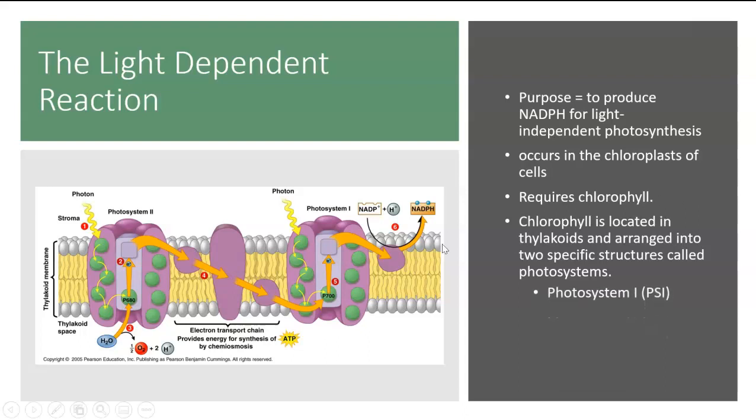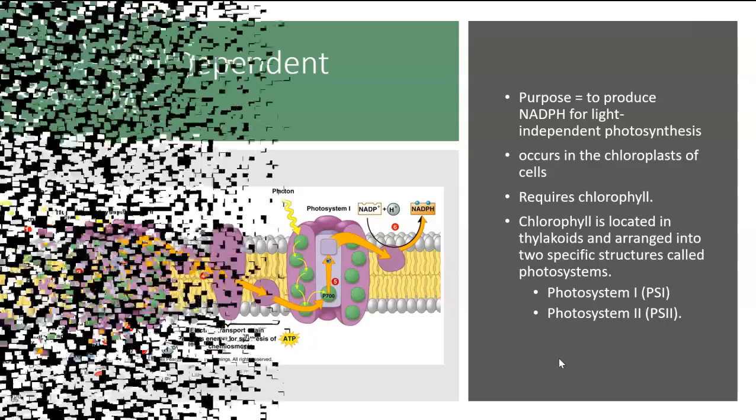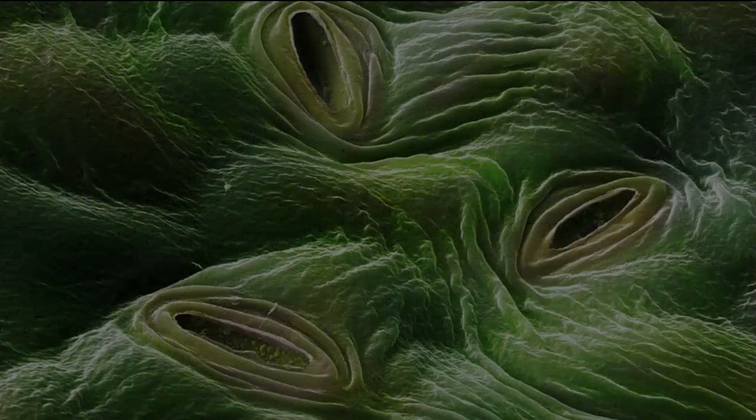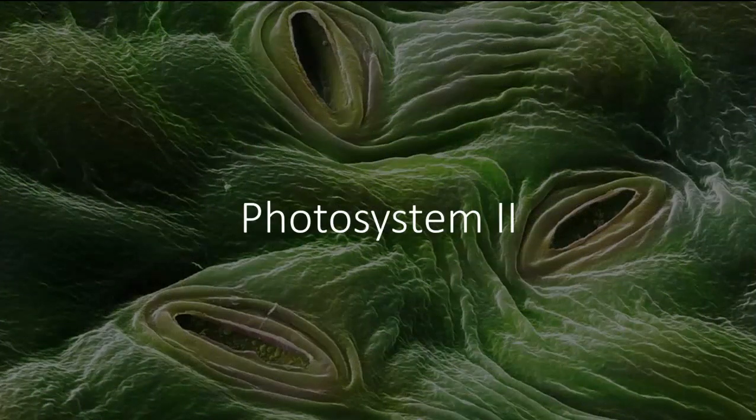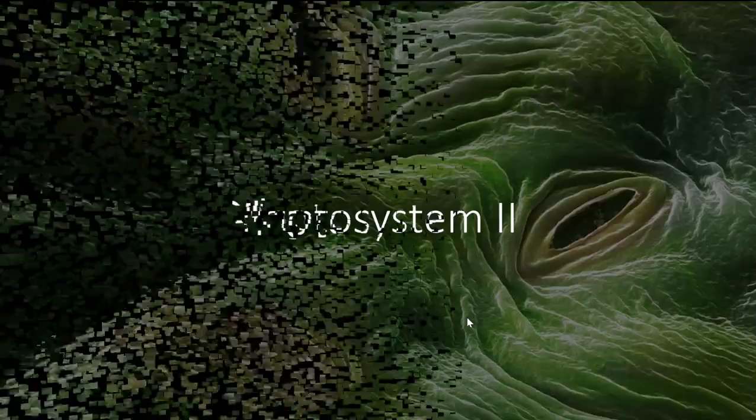We've got photosystem 1 and photosystem 2, although you'll see photosystem 1 is actually second in the sequence. So we're going to look at photosystem 2 first, because that's actually the first system that occurs.